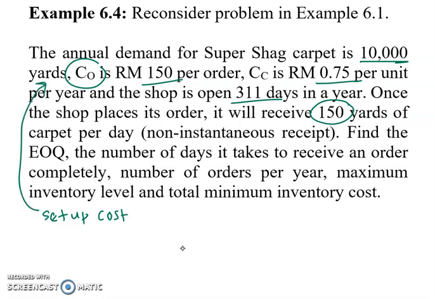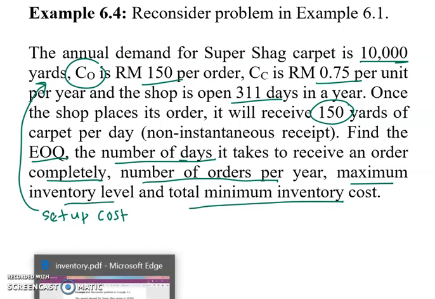Now we want to find the EOQ, the number of days it takes to receive an order completely, the number of orders per year, the maximum inventory level, and also the minimum total inventory cost.